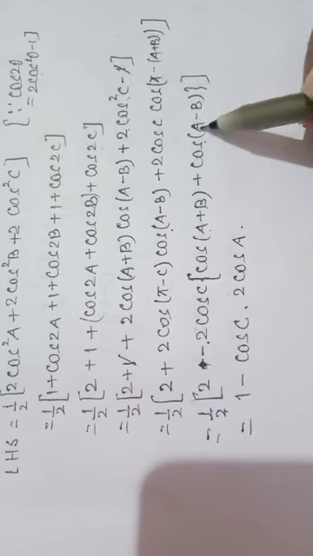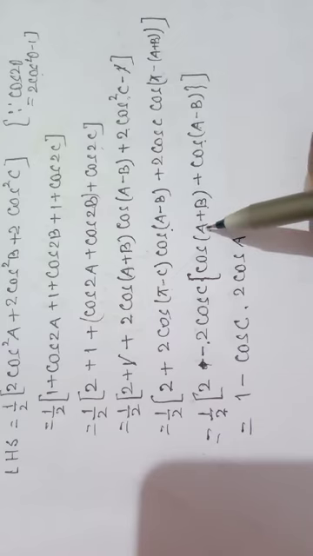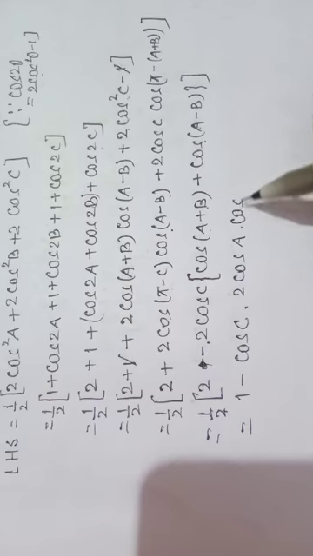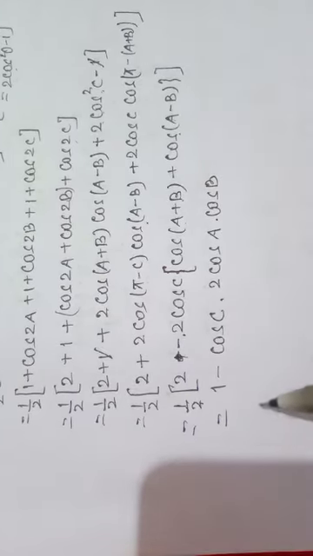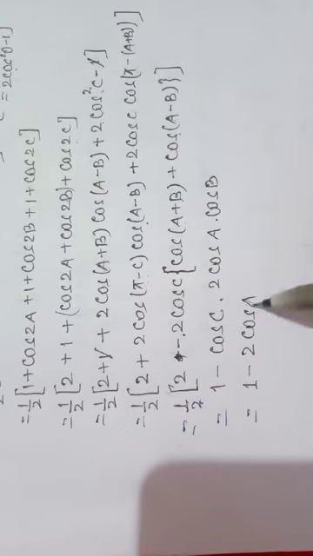Here minus and plus 1 should cancel, so again it becomes cos b. And arrange them properly, then it should be 1 minus 2 cos a into cos b into cos c.